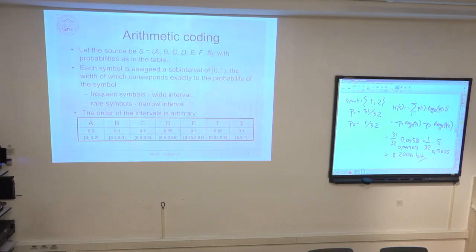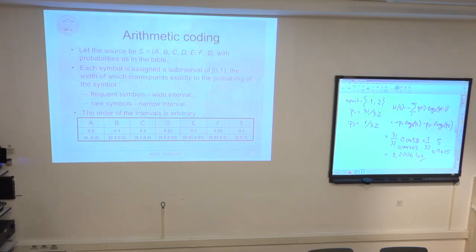Say the probability of symbol A is 1/5, 0.2. Probability of B is 0.1, 1/10. C again 0.2, D 0.05, symbol E 0.3, symbol F again 0.05, and finally the probability of this auxiliary symbol $ is again 1/10.